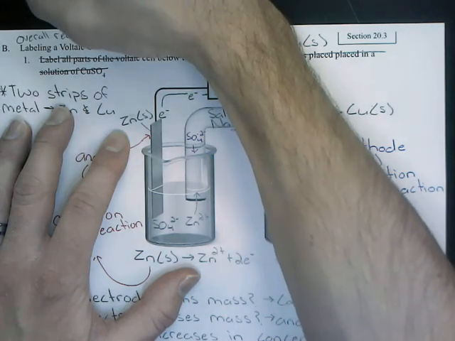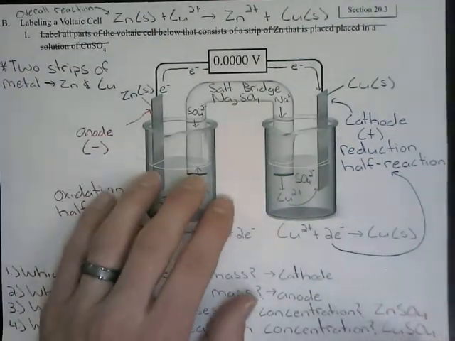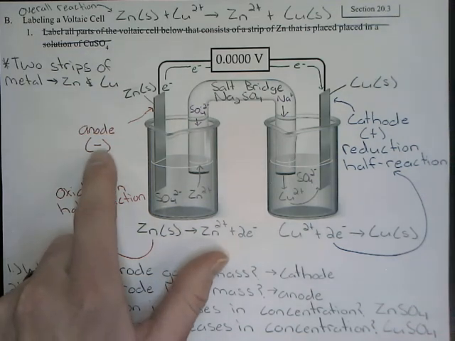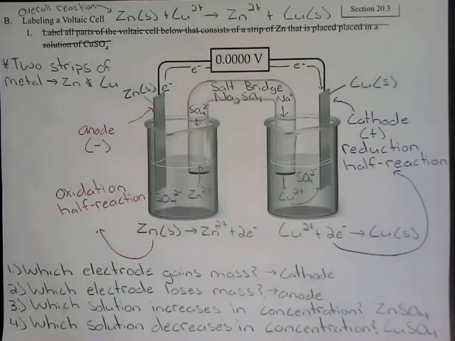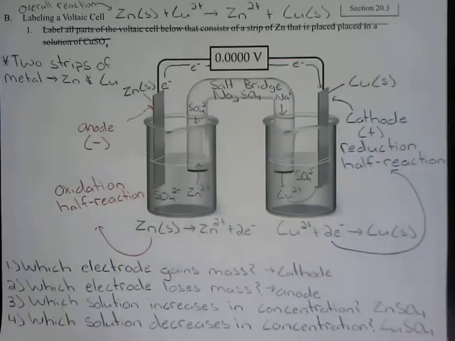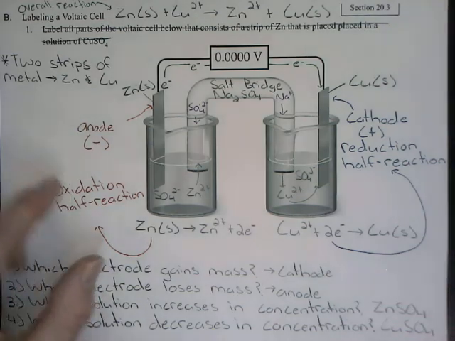Okay, so we packed a lot of information here. There's a lot of information here on this diagram. We took some time to label it. We identified the anode, which is the negative terminal, and the cathode, which is the positive terminal in our picture here, or our diagram here. And the last thing that I want to identify here is this.